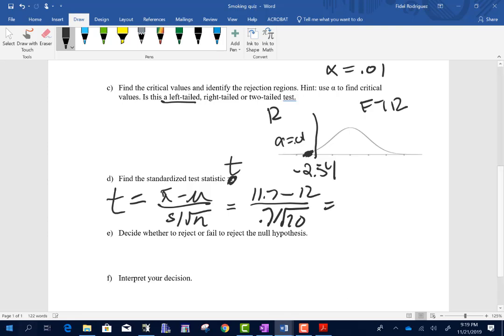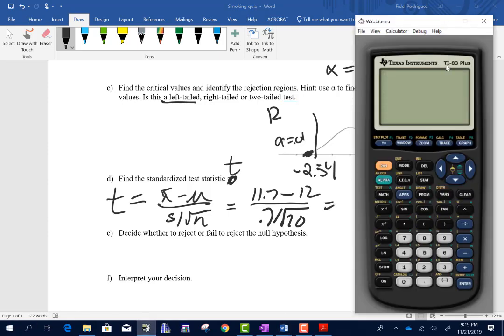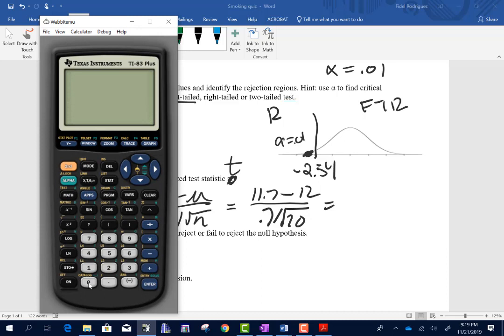So let's take our calculator. 11.7 minus 12 equals, divided by, put all that in parentheses, 0.7 divided by the square root of 20. And guys, look what I'm coming up with: negative 1.982.